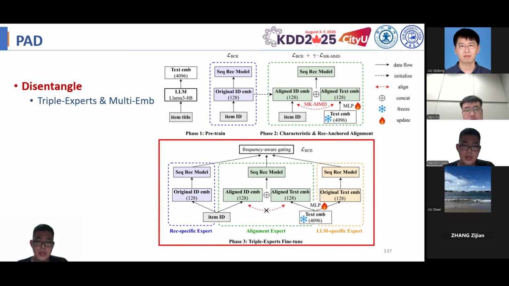One takes only the textual embedding as input, on the right here, and the other takes the pre-trained collaborative embedding as input, as shown in the left part here. These three experts are combined through an MoE, namely a mixture of experts architecture, with a frequency-aware gating mechanism.